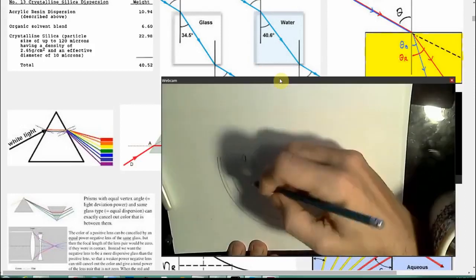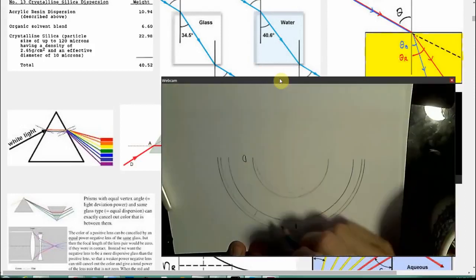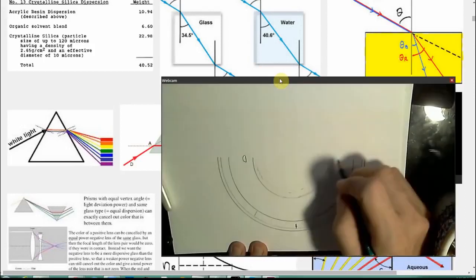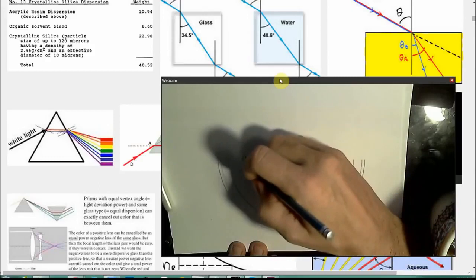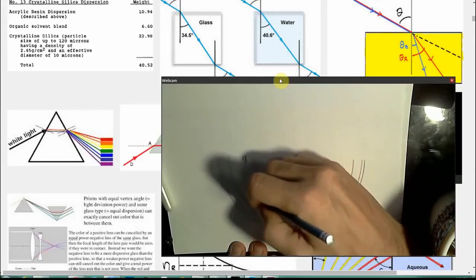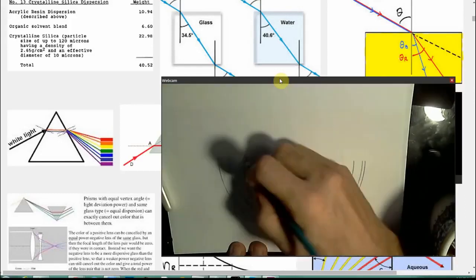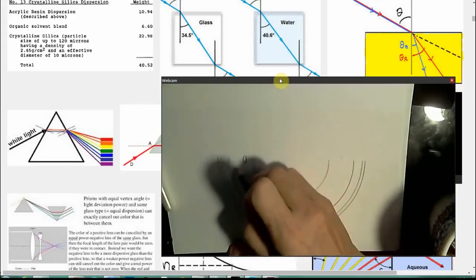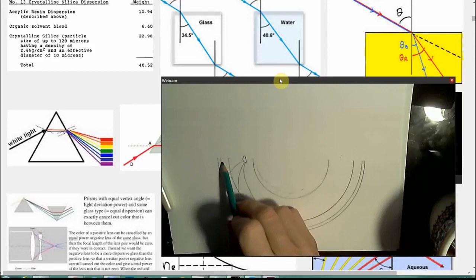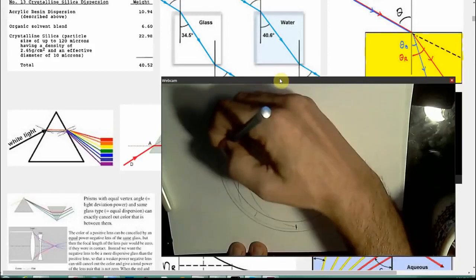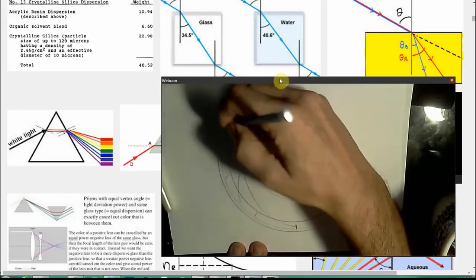So it's bending. If this is the east and this is the west, the sunlight is bending around like that and hitting your eye. It's bending less severely when you're closer to the sun.